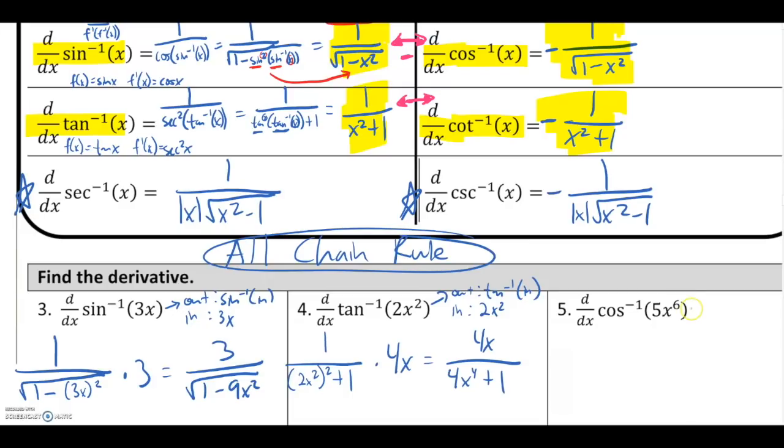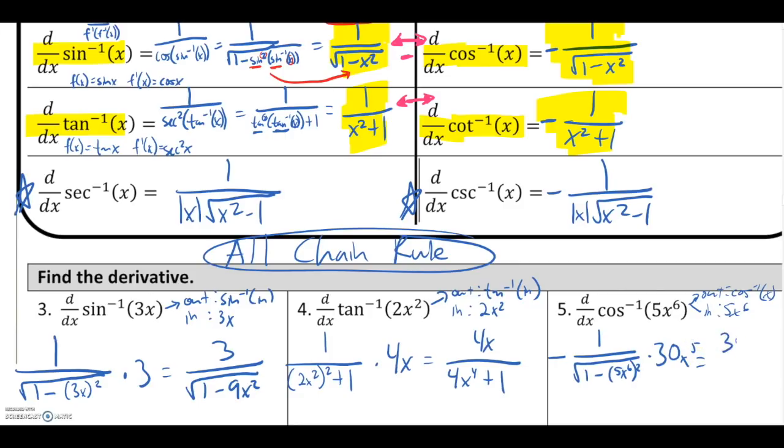And finally, cosine inverse of 5x to the 6th. So we'll have an outside following our cosine inverse rule, and an inside of 5x to the 6th. And so we'll get negative, remember this is the same as our sine inverse, just with a negative sign, square root of 1 minus our inside function squared times the derivative of that inside function, which is 30x to the 5th.